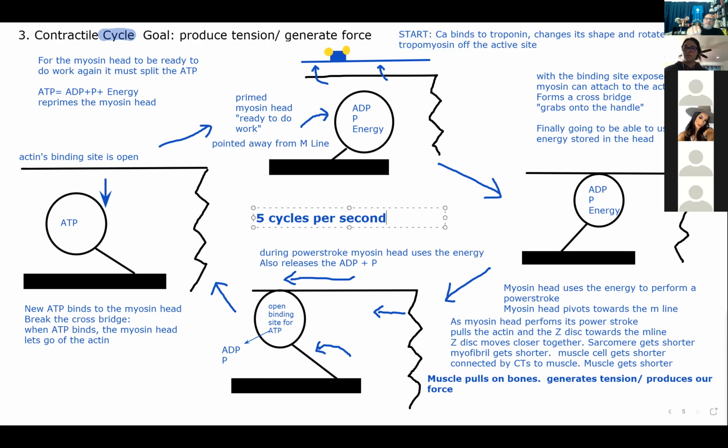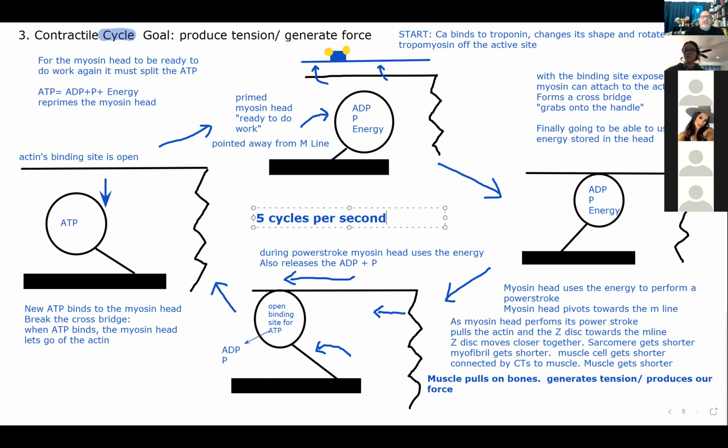I can perform my power stroke where I pull down, generating the force, generating the tension, but then I have to let go again so I can prime again and grab another rung and pull and let go and prime and grab and pull. Basically around and around 5 times a second. That's what our myosin heads do.